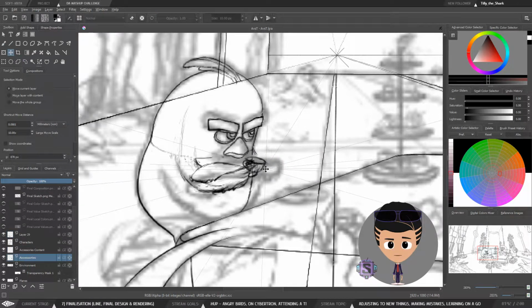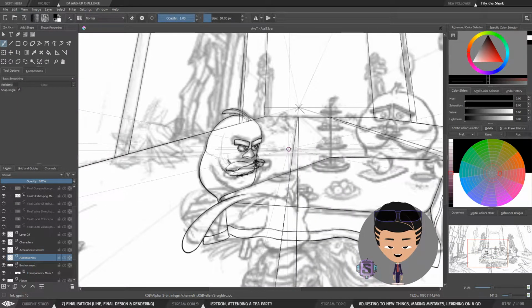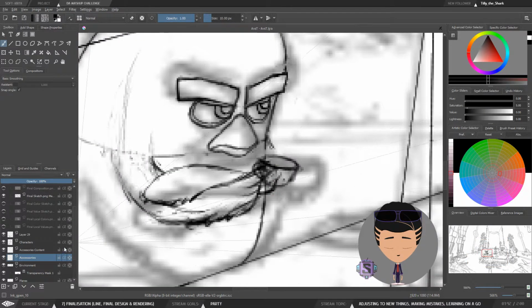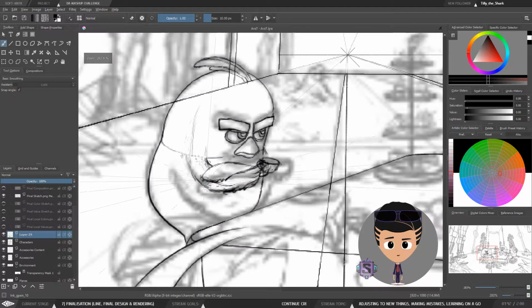Okay, let's place the steel a little bit closer. So this thing is going to be slightly present in here.